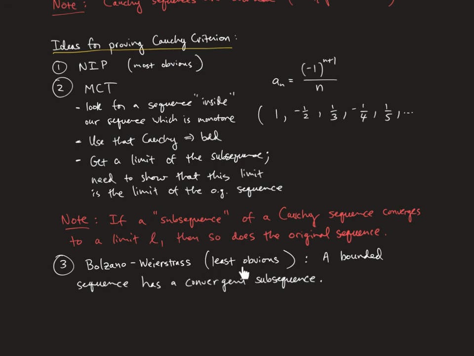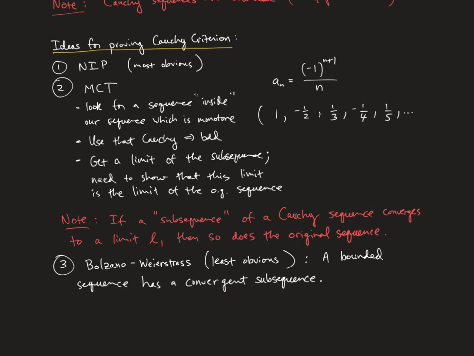It's definitely not the most obvious proof, though. You get this economy in terms of the logic, but in terms of the motivation for where the proof came from, it makes Cauchy sequences and the Cauchy criterion seem harder than it actually is.